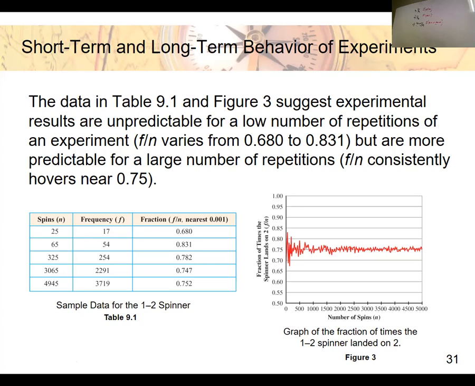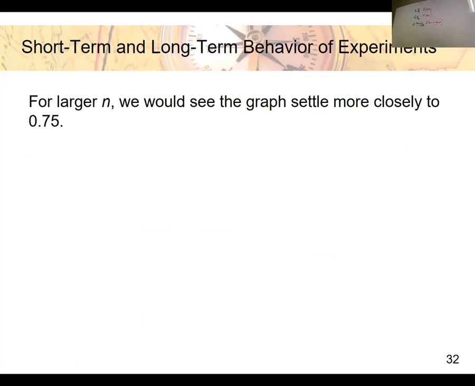Questions on that? All right, so for larger n, we will see the graph settle more closely to 0.75.